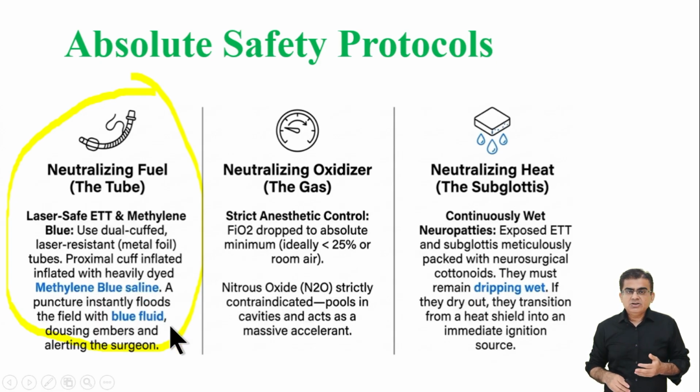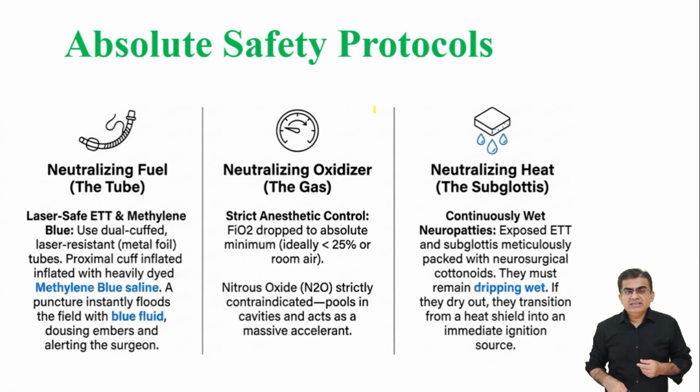You must inflate the top cuff of the tube with sterile water mixed with a dark blue dye. If your laser accidentally hits and bursts this cuff, the blue water will instantly flood the surgical field. This immediately puts out any small fires and gives you a clear visual warning to stop the laser.